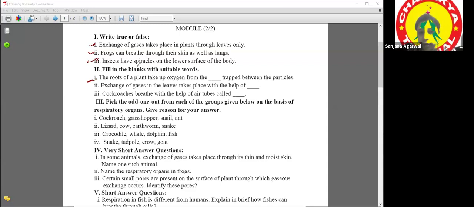Roots of a plant take up oxygen from the blank. From what do they take up the oxygen? Where are the roots? Roots are embedded in the soil, and there are spaces between the soil particles. So what is trapped in those spaces? Come on, children, be quick. Okay, Afan?